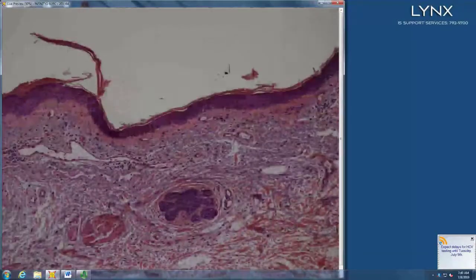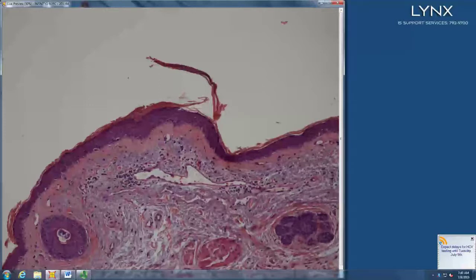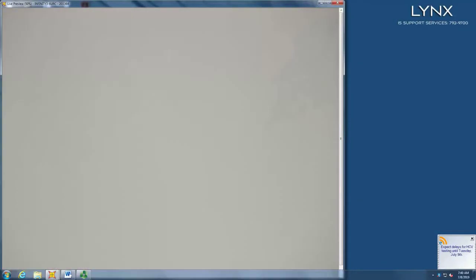And this is in the upper back. Someone with violaceous eyelids, upper back, over the knuckles: dermatomyositis. And dermatomyositis is often a very, very subtle late-stage interface dermatitis.